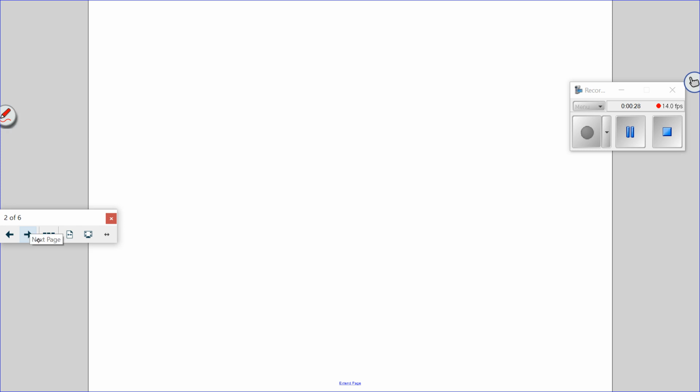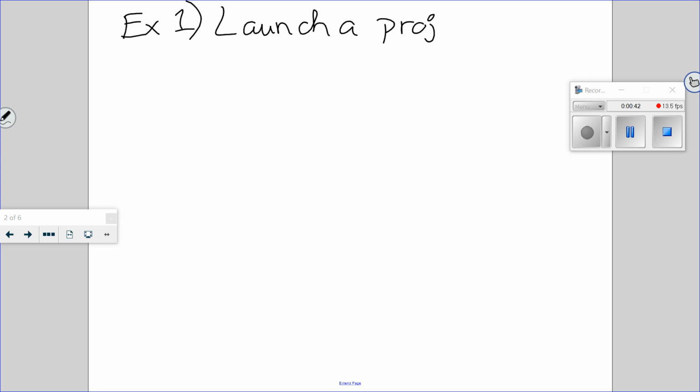Okay, so what we typically do, we'll say example 1 for chapter 4. We launch a projectile. What does projectile mean? It's a sneaky physics word.